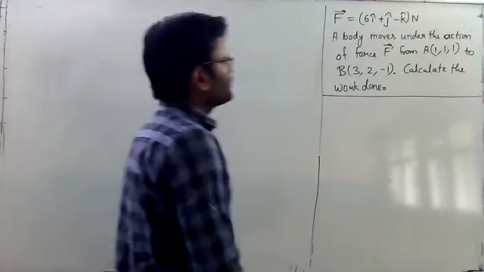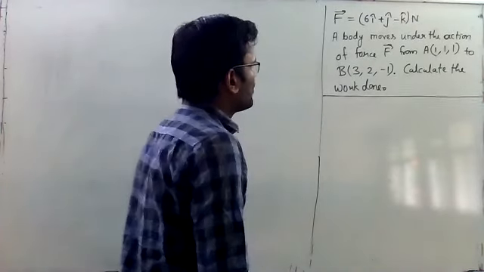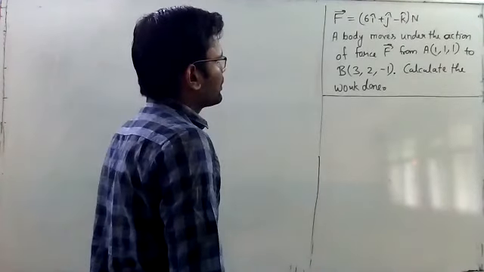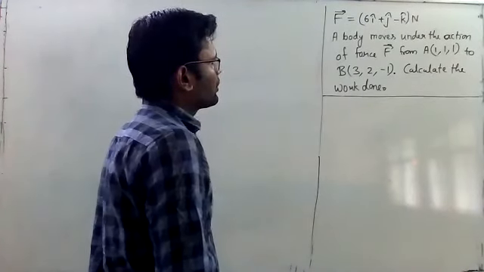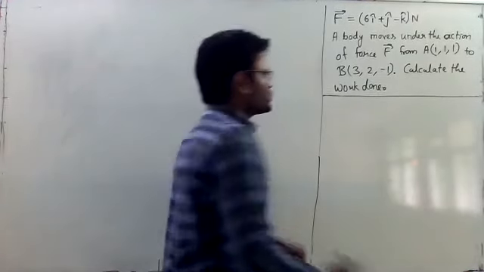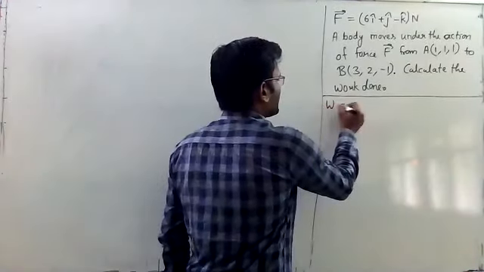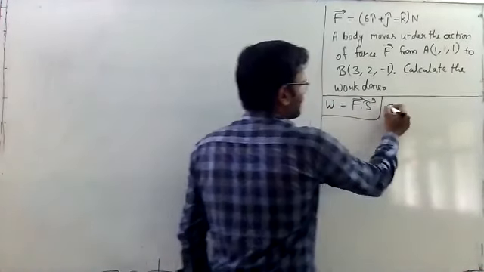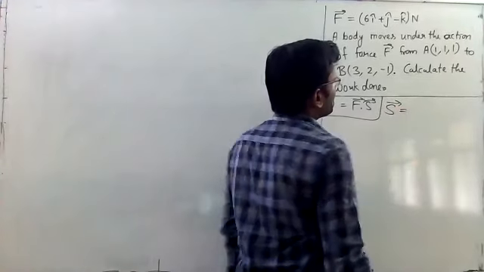So what do we have? First of all, we all know work done is equal to F dot S. But you need S first, right? What is S?